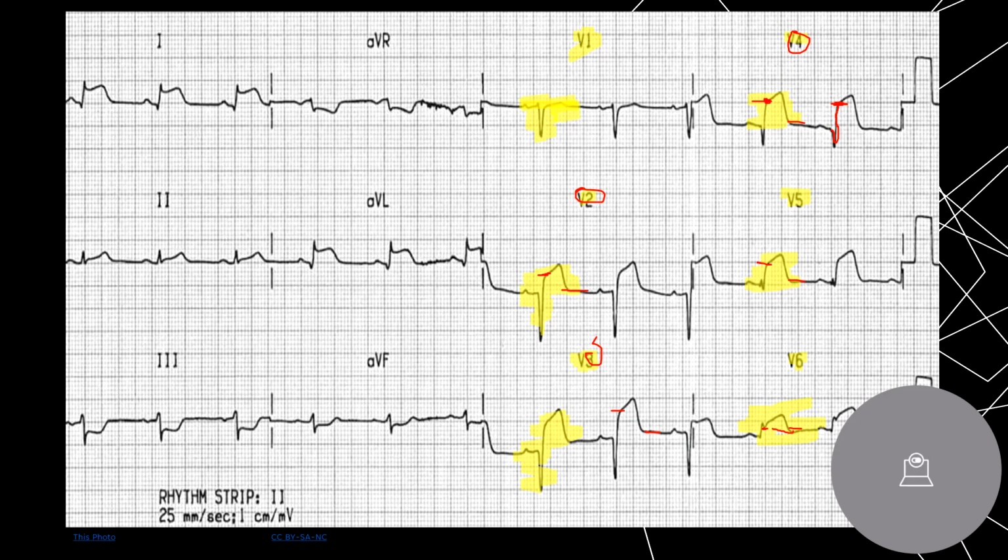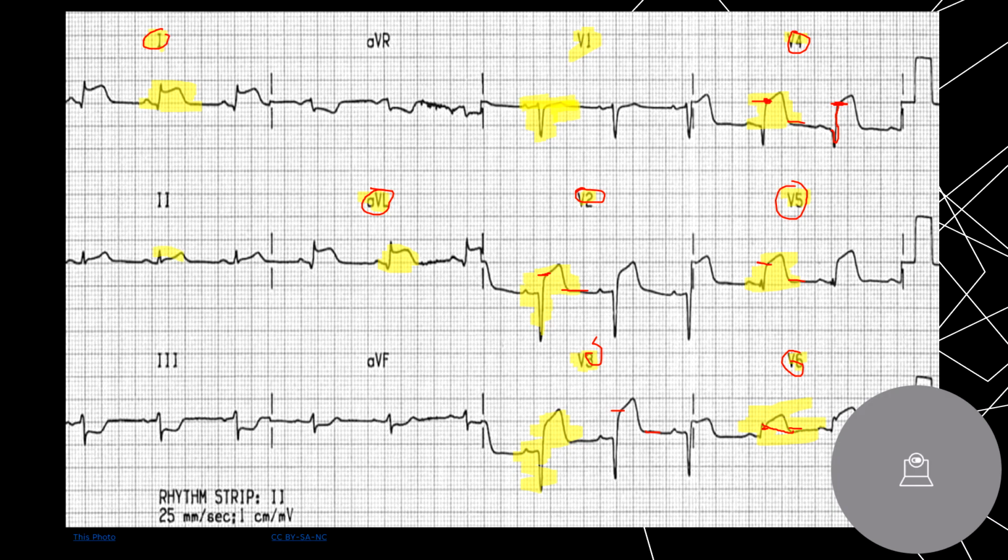So you have elevation in V5, in V6. Let's go high lateral, right, which is 1 and AVL. Okay, boom. Look at that guy. Elevation. Boom. Elevation. Elevation, elevation.